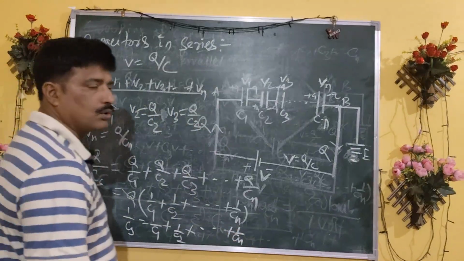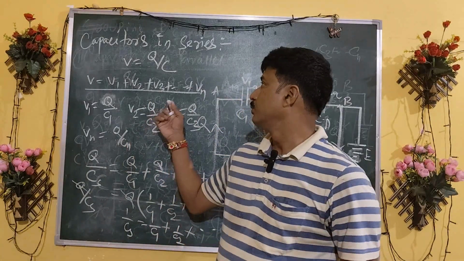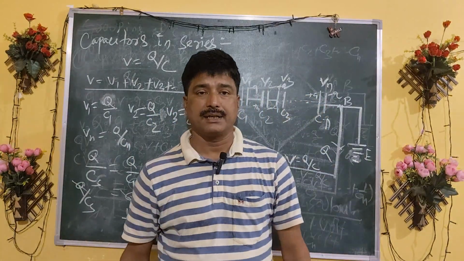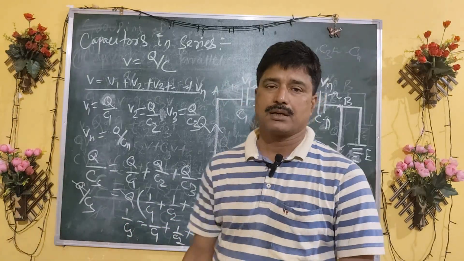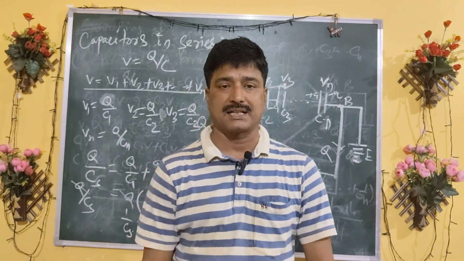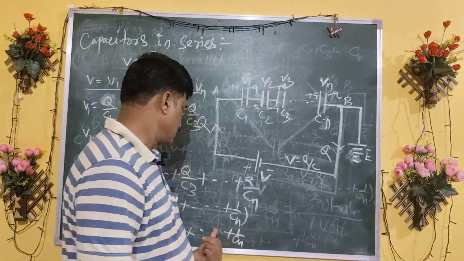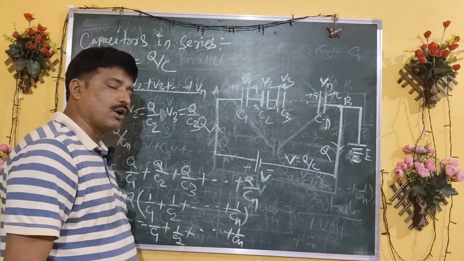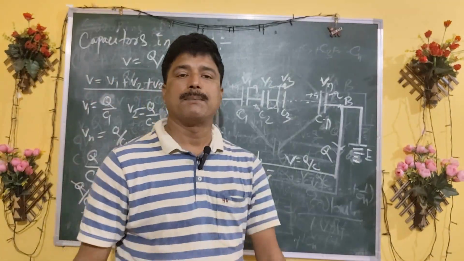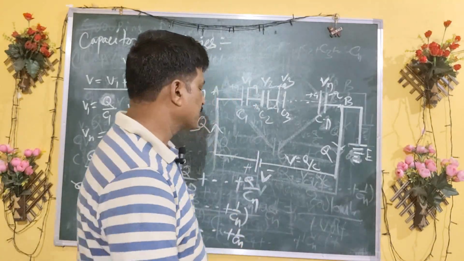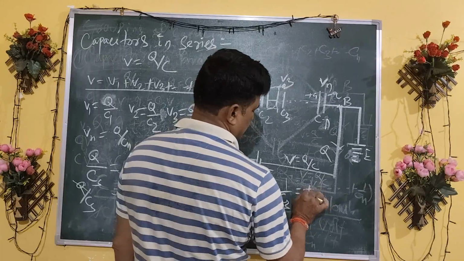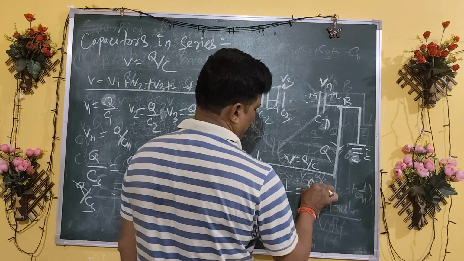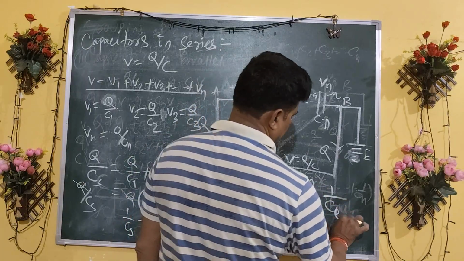So we have seen that when capacitors are connected in series, the reciprocal of the net capacitance is equal to the sum of the reciprocals of all the capacitors. That means we can write 1 by Cs is equal to the sum, sigma i equals 1 to n, of 1 by Ci.